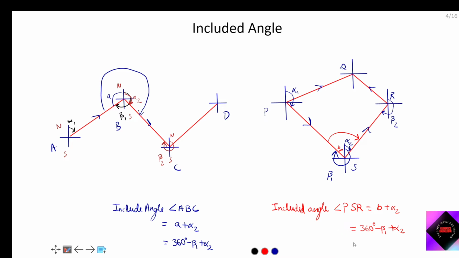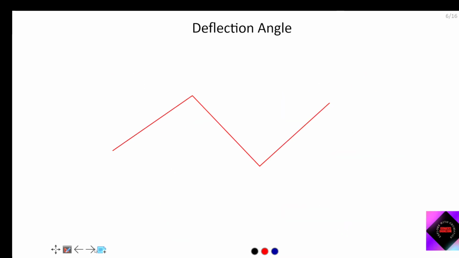So now moving to our next part, that is deflection angle. Let's understand this. For example, suppose we have done surveying A to B, then B to C, and then D, in this direction of propagation. So what is the deflection angle? It is how much this line BC is deflected from AB.